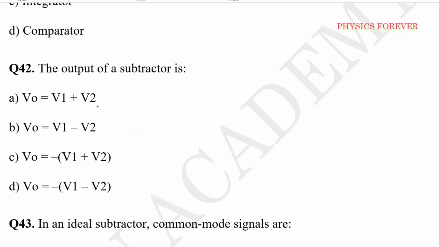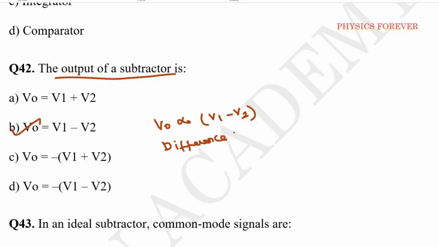So then question number 42: the output of a subtractor is, it should be easy, option B is correct. V naught is proportional to V1 minus V2. There should be the difference of two voltages. Sometimes the wording may be asked like this.